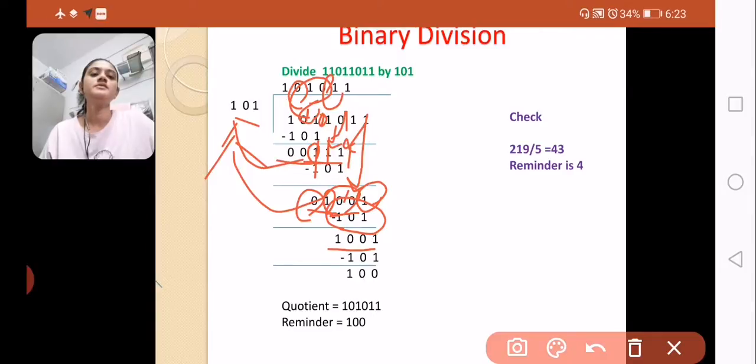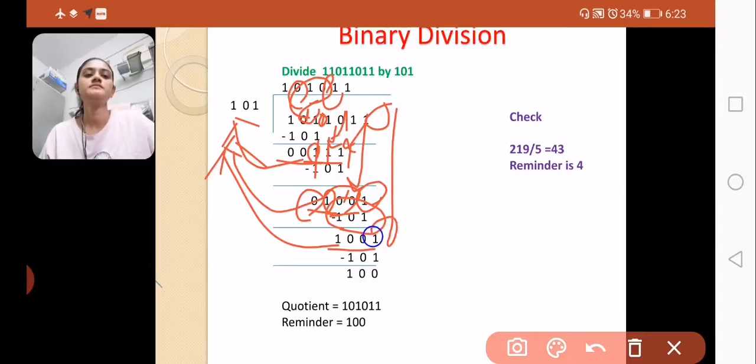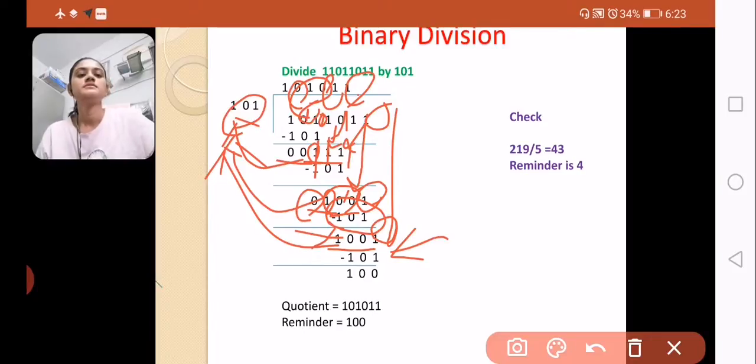So again 1 0 0 is a small value compared to 1 0 1, and the last 1 we will take here and multiply this 1 0 1 with 1, so it will give 1 0 1. So subtraction of 1 0 1 and 1 0 0 1 will produce 1 0 0.